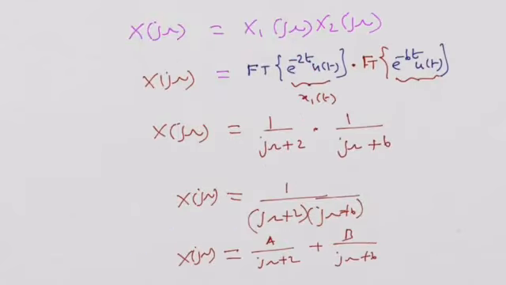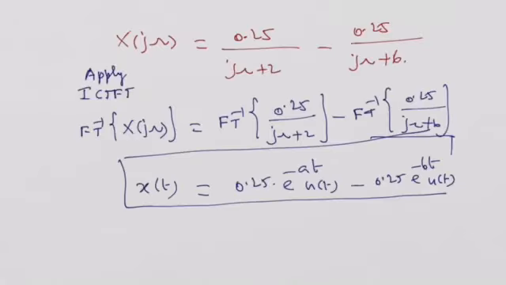Actually, in this problem, we assumed that the product of X1 of j omega and X2 of j omega is equal to X of j omega.